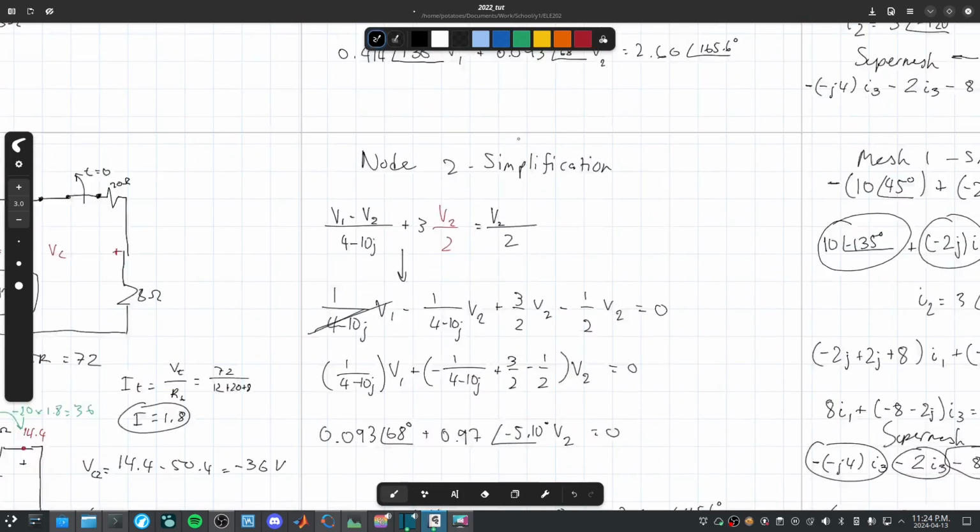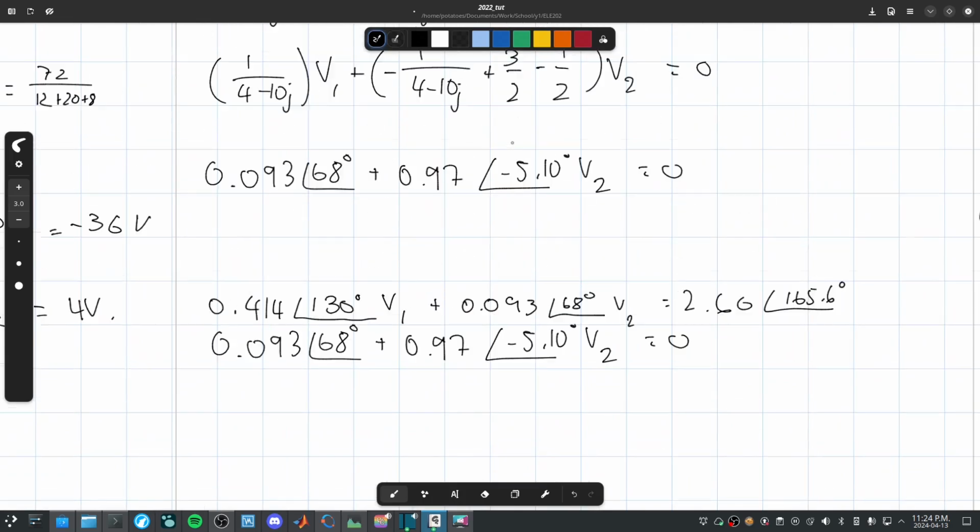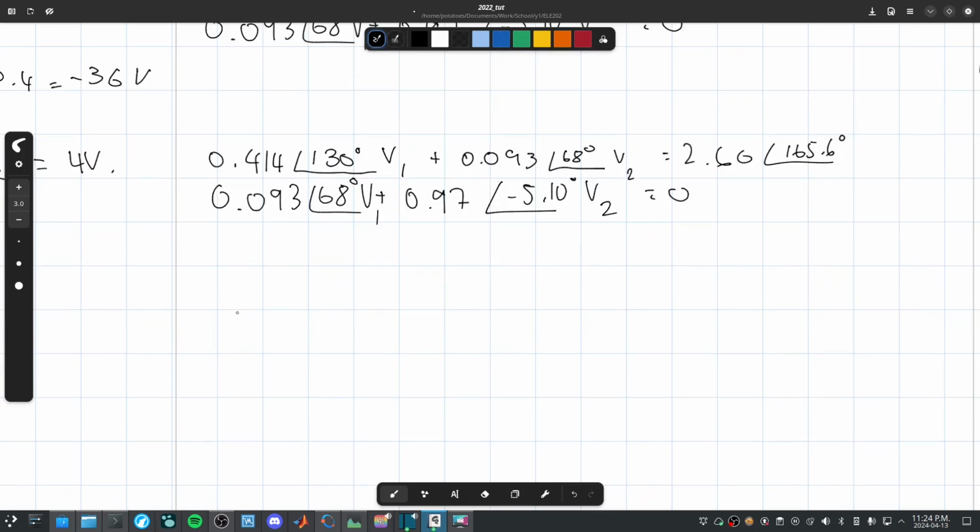So let's go here. I forgot to copy over V1. See, that's the sort of silly mistakes I do. I forget to copy over a negative sign, and so on and so forth. So now put it into matrix form. Like this.